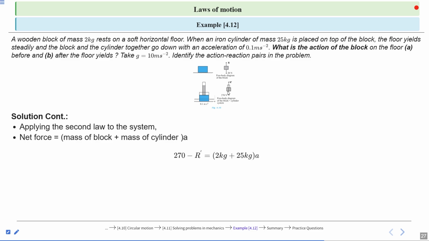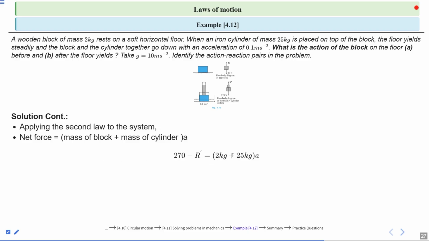So look at figure 4.15. Here the weight acts vertically downward. So 270 minus R equal to net force.